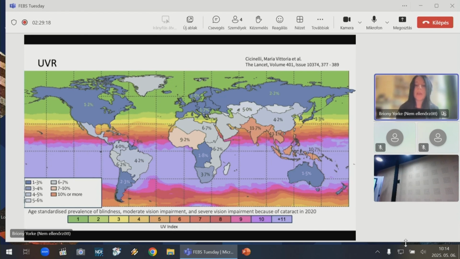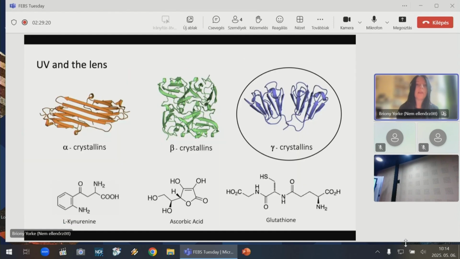In my research, what I'm really interested in is the gamma crystallins, which make up the eye lens. There's another structural protein in the eye lens called the beta crystallins, and also a family of heat shock proteins called the alpha crystallins. The role of the alpha crystallins is to sequester unfolded beta and gamma crystallins to try to prevent them from aggregating.